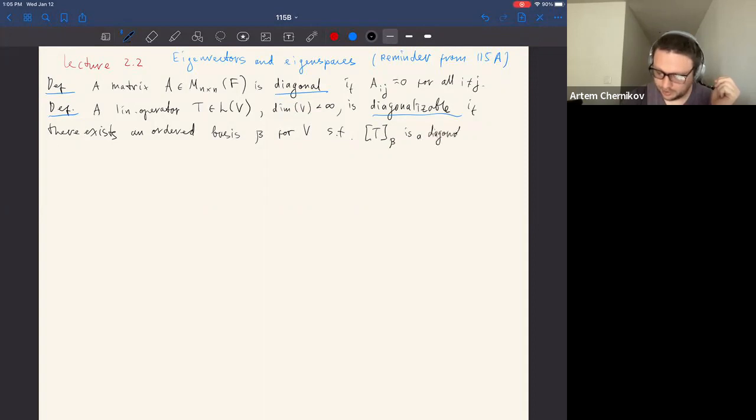That's why we say diagonalizable. It means it's possible to choose some basis with respect to which the matrix representing T is diagonal. It might be true for one basis, maybe, but not for the other. So we are just saying that there exists a basis with this property.